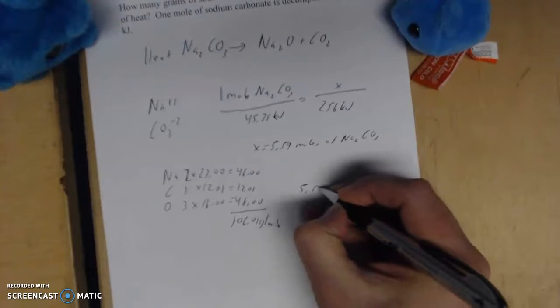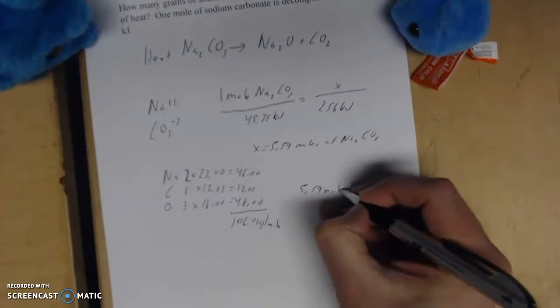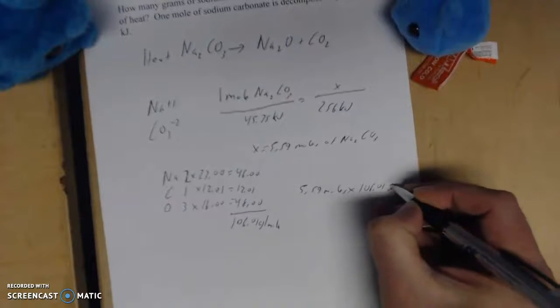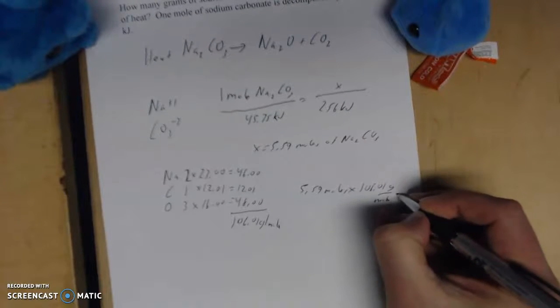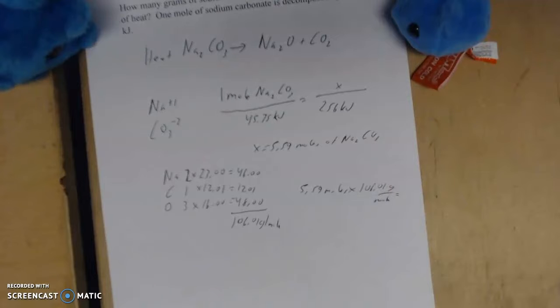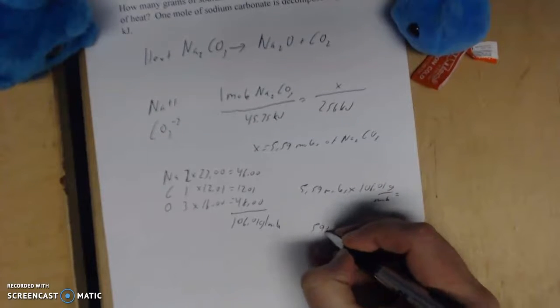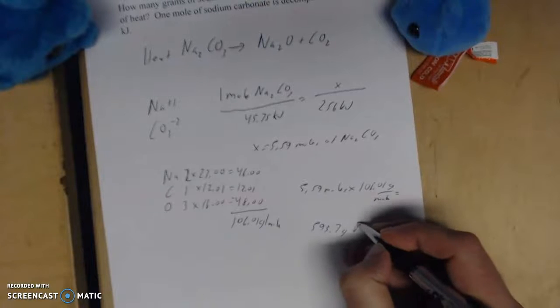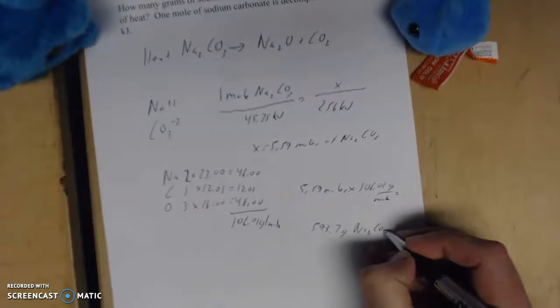So 5.59 moles of sodium carbonate times 106.01 grams per mole. We do the math there, and we come out with 593.7 grams of sodium carbonate is decomposed.